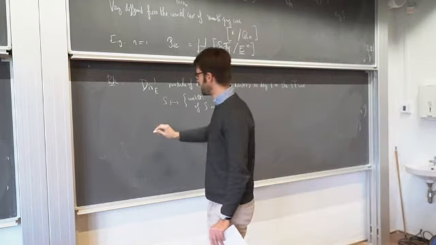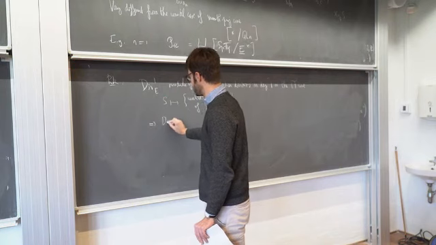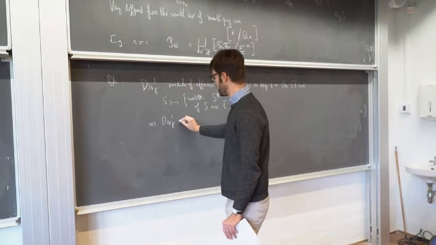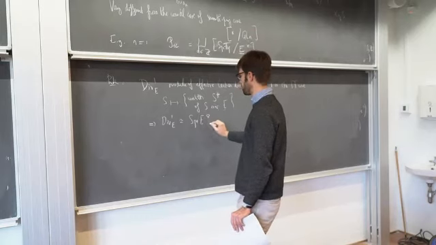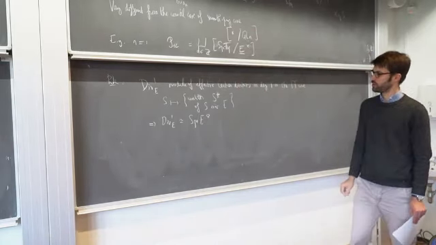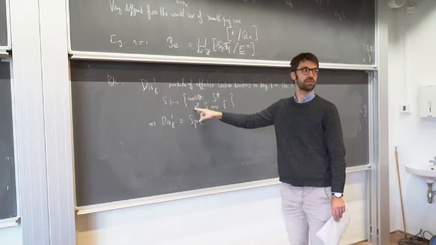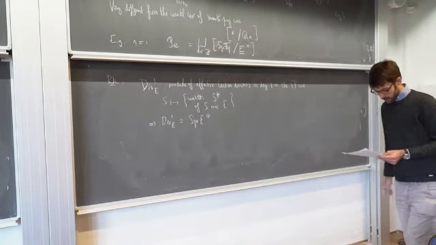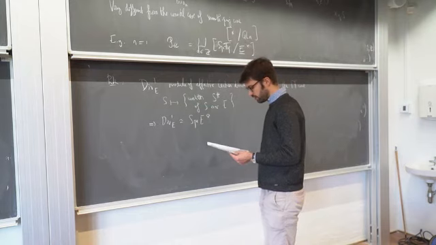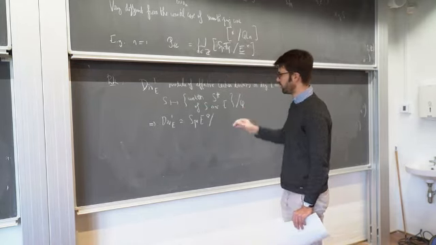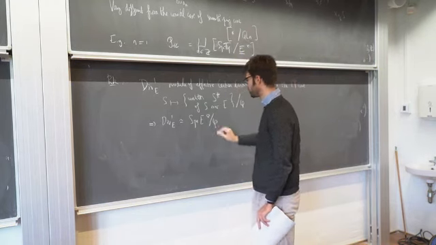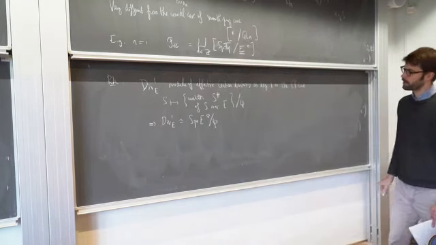So what does that tell me? That tells me that this Div^1 is isomorphic to the diamond of E, right? Because by definition, the diamond of E is exactly this functor. Here I have to mod out by the Frobenius action, so here as well you have to mod out by Frobenius.